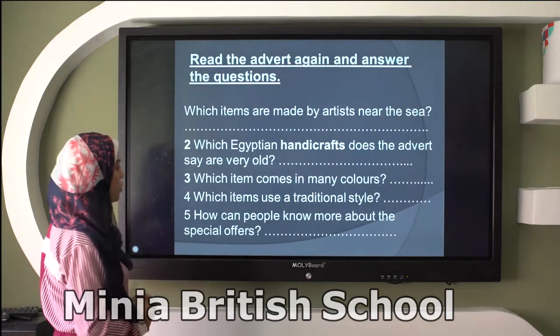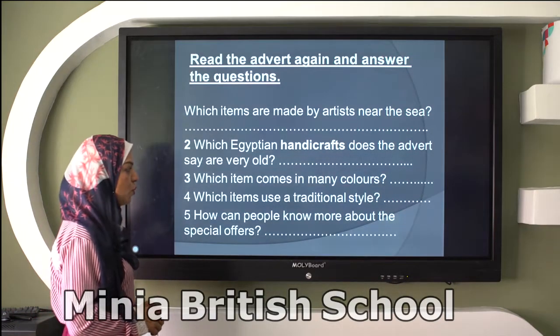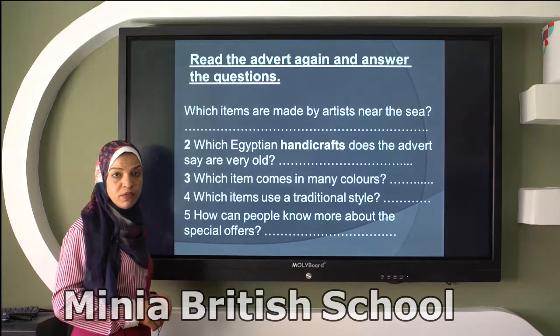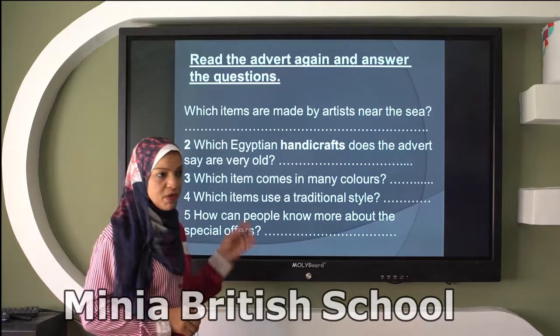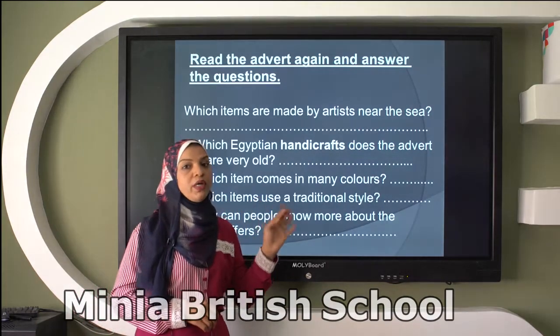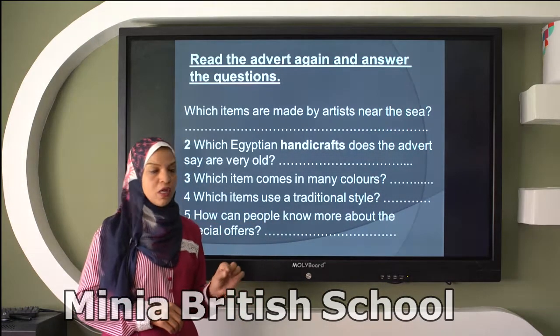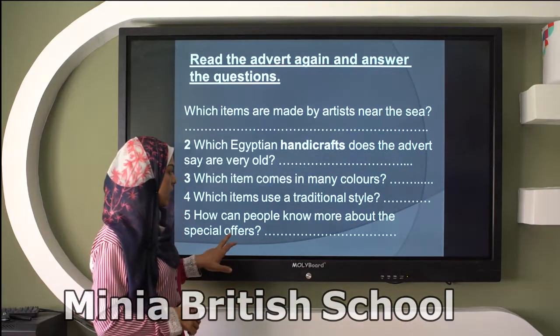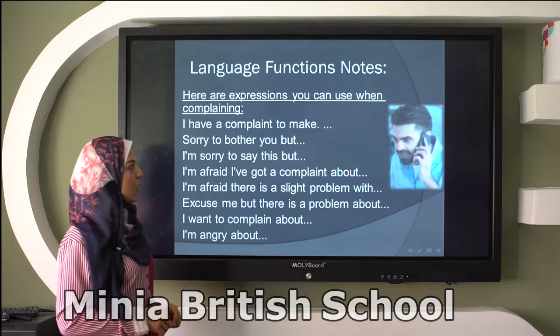Back again to question number 5. How can people know more about the special offers of these items? Definitely by visiting the websites, because what we have just read were only short adverts in order to sell these goods through the internet.